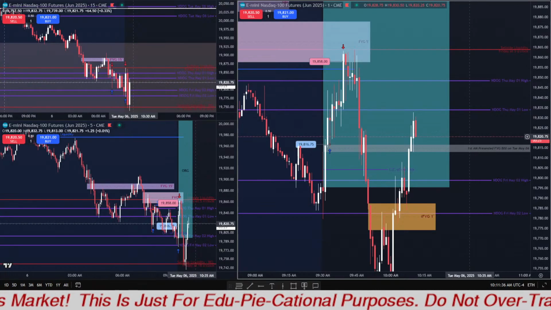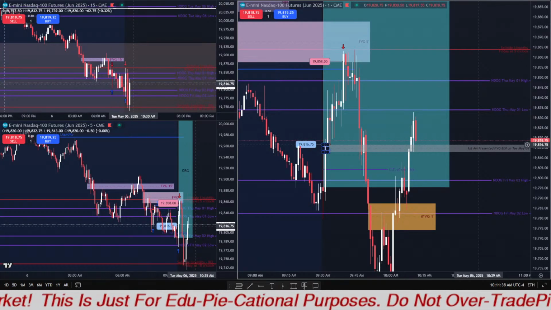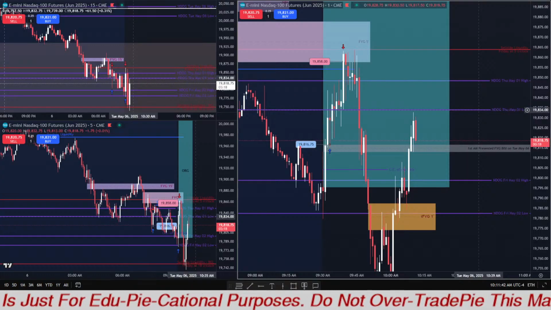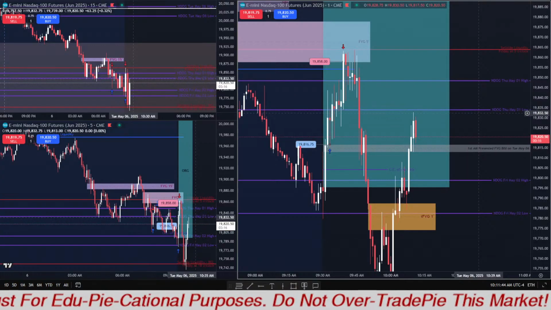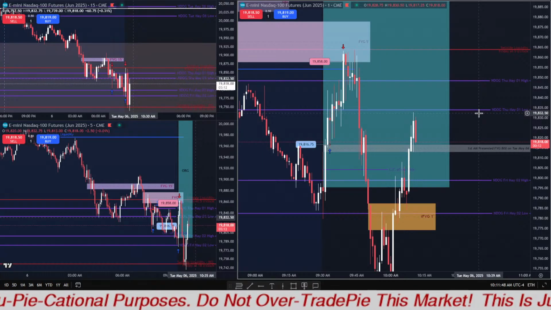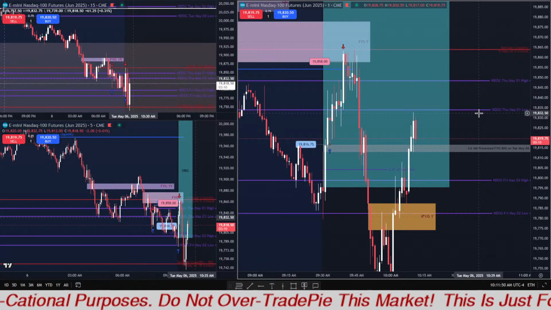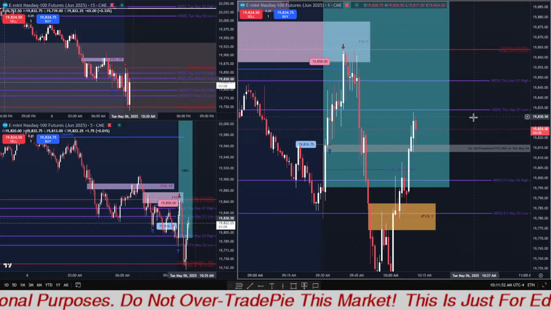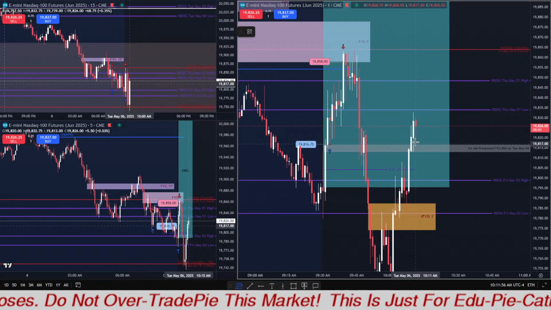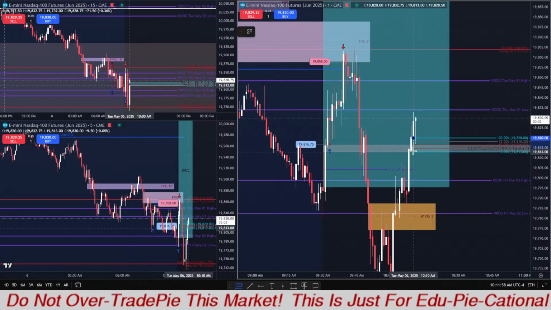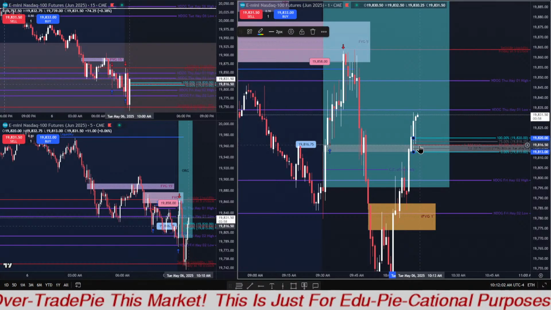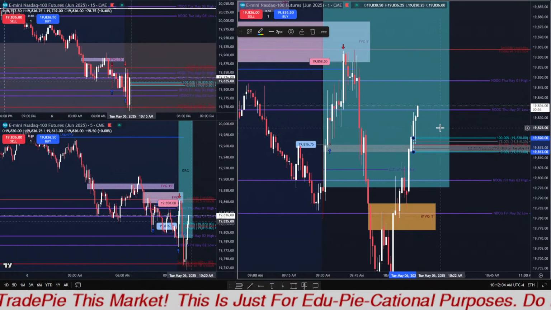The first target after touching the fair value gap could be the low of the new day opening gap from last Thursday. Now visiting the price levels over here, failing to reach the consequent encroachment of this week.